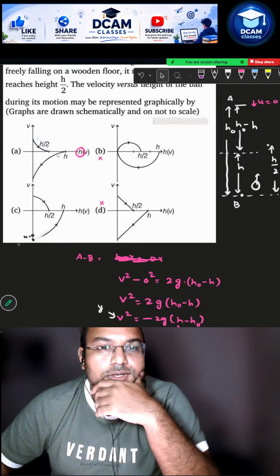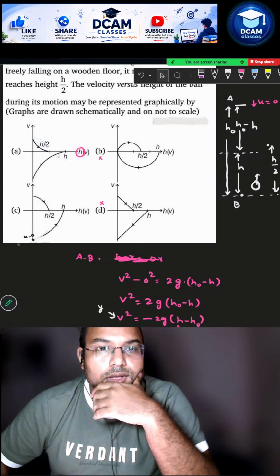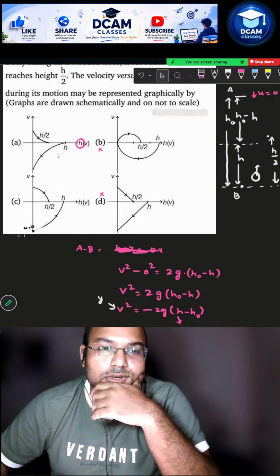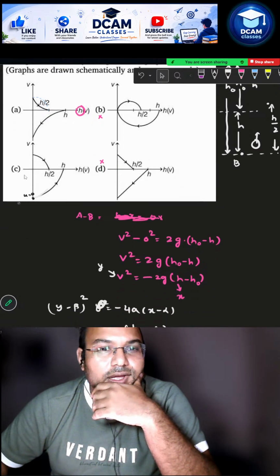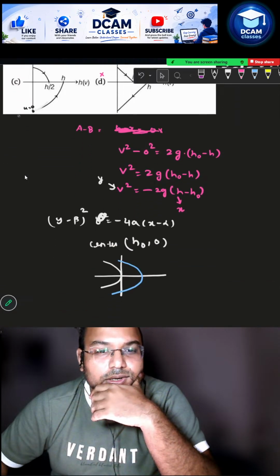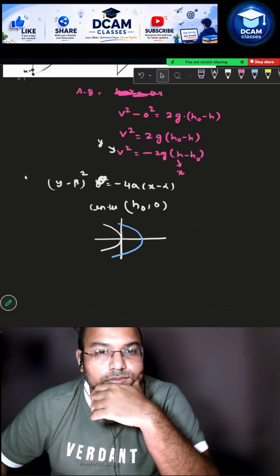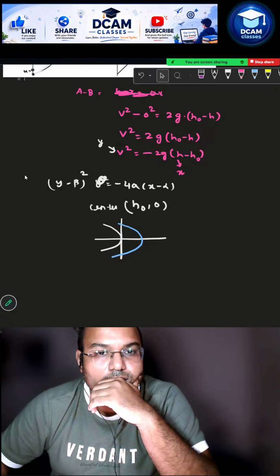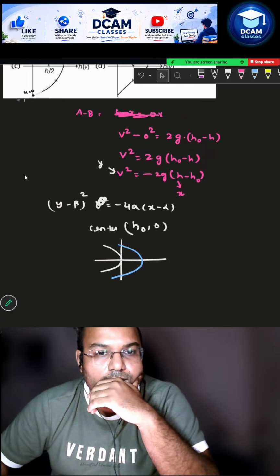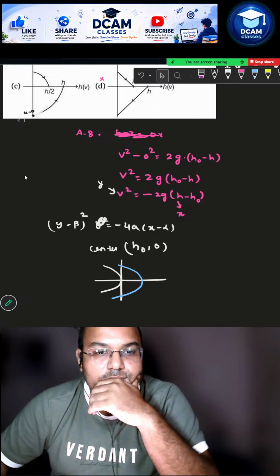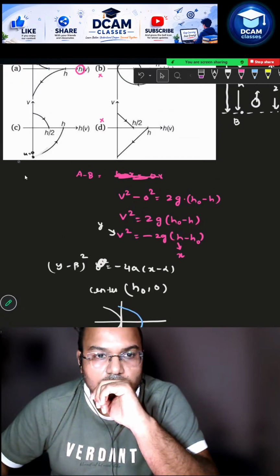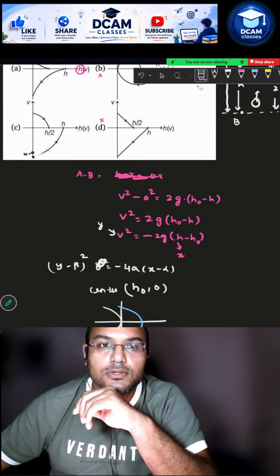Graphs are not to the scale. Initial velocity was 0. Even graph A and graph B should not be correct. Graph C should not be correct. V versus H. Okay. Correct. Sorry.